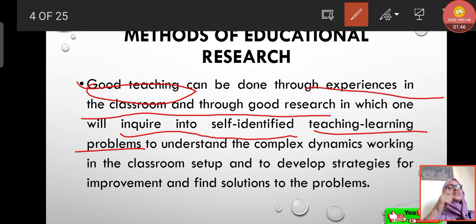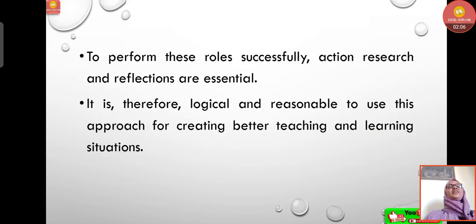What are the flaws in teaching learning methods, or what are the things going wrong which the learners are not able to intake? So to develop those strategies for improvement, teachers have to find some solution to the problems. For that only, this action research.